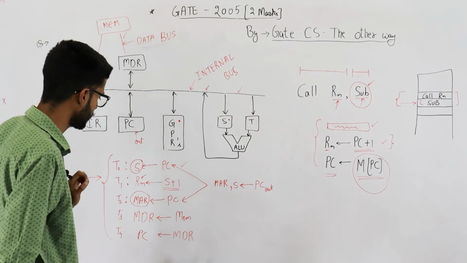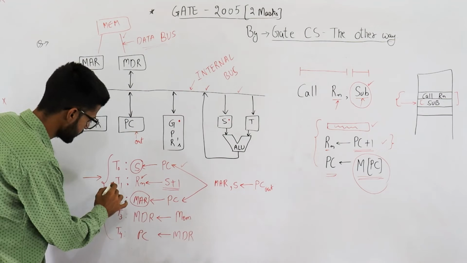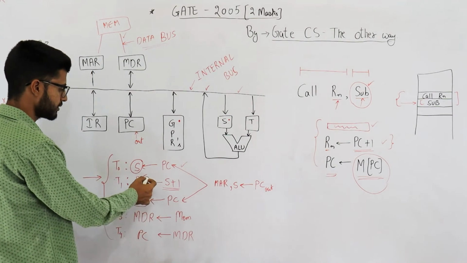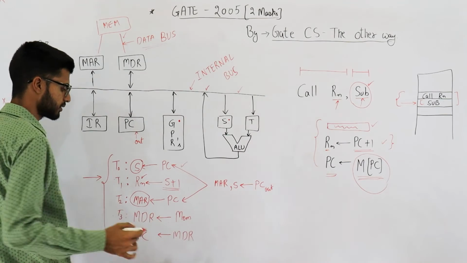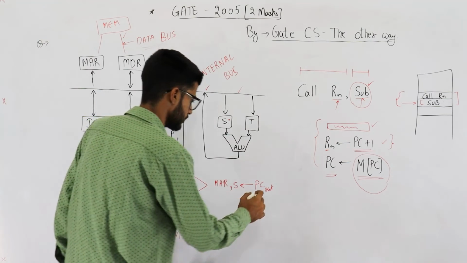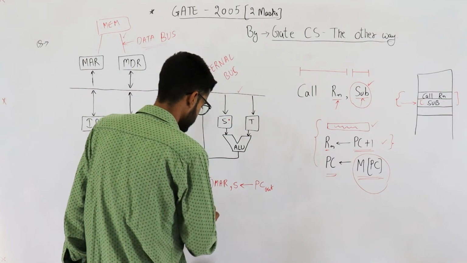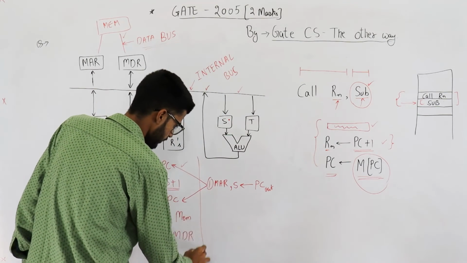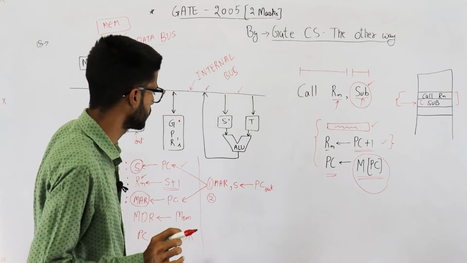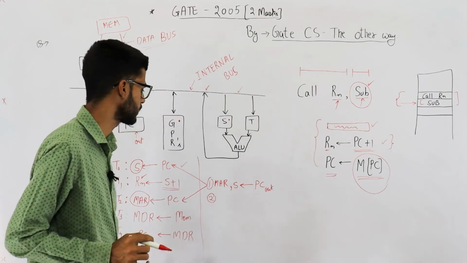So you combine instruction number 1 and instruction number 3, because this needs the internal bus and this needs the system bus. That is what happens in clock cycle 1.